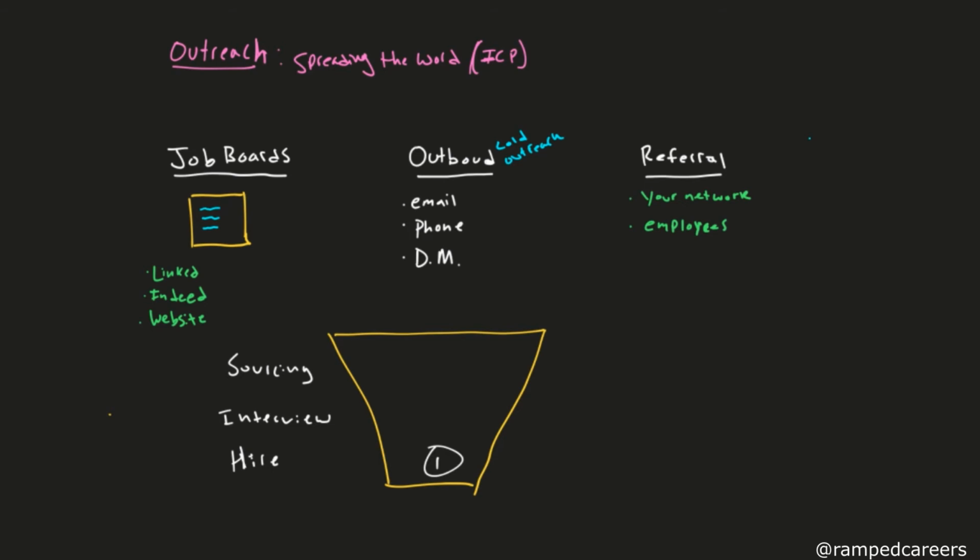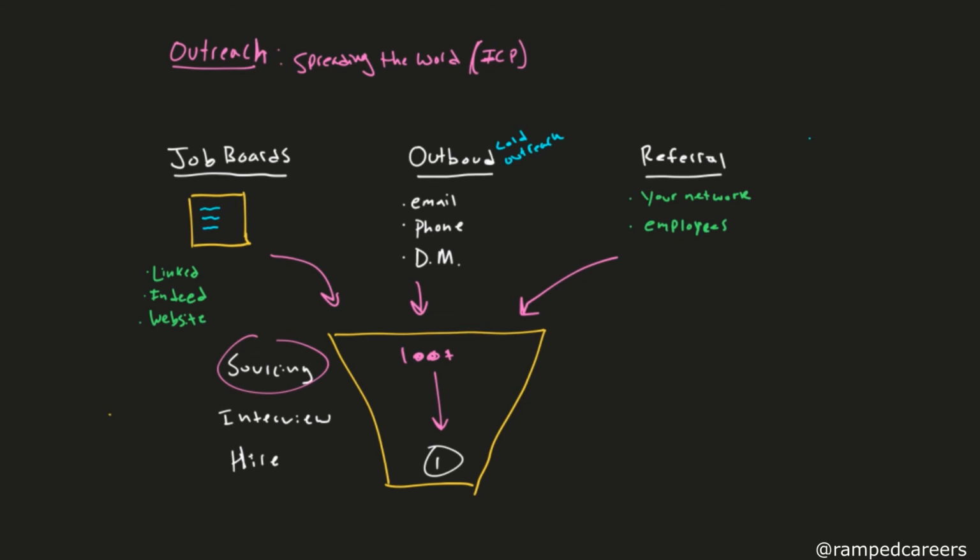And we know that we're going to have to source a lot of candidates to get that done, right? We're going to have to source 100 plus candidates in order to get that done. So all of these outreach levers are pouring into the top of the funnel to help us source our candidates so that we can interview some great candidates and eventually hire one terrific candidate.